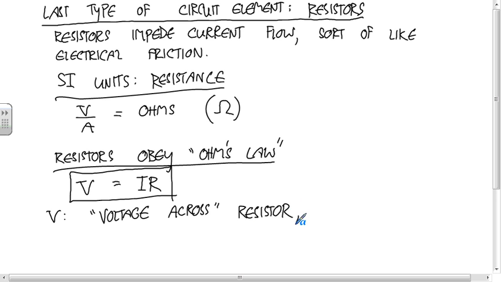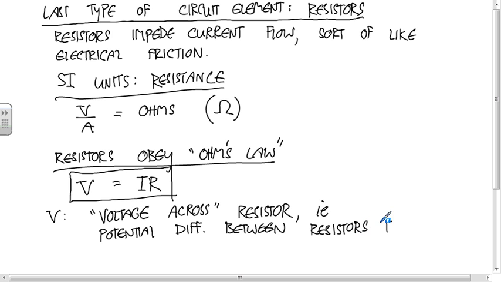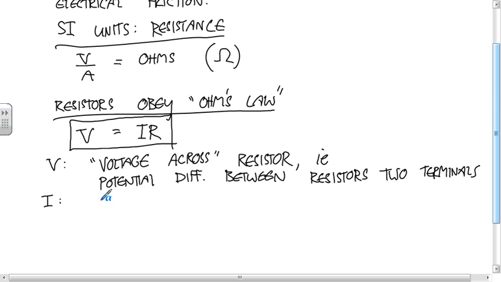So in other words, that's the potential difference between the two terminals of the resistor. The current I is the current through the resistor.